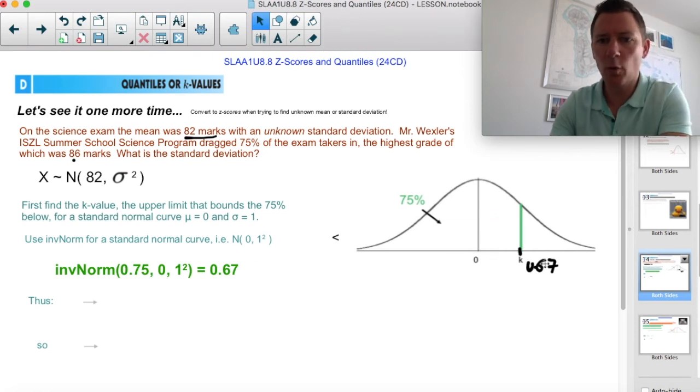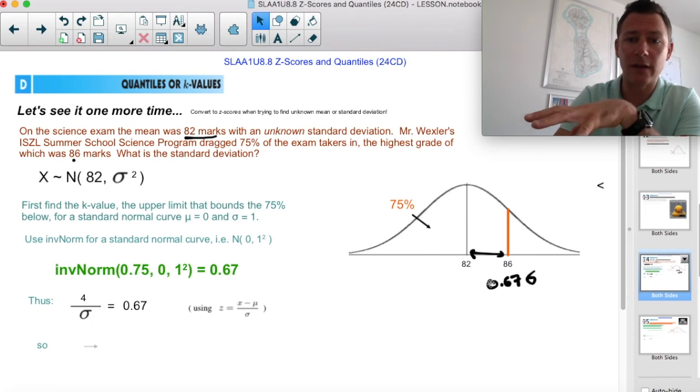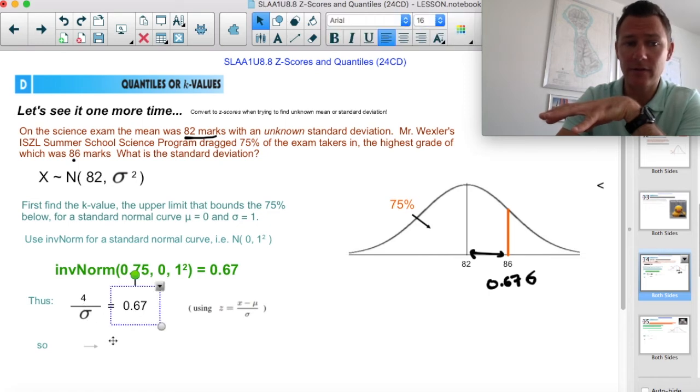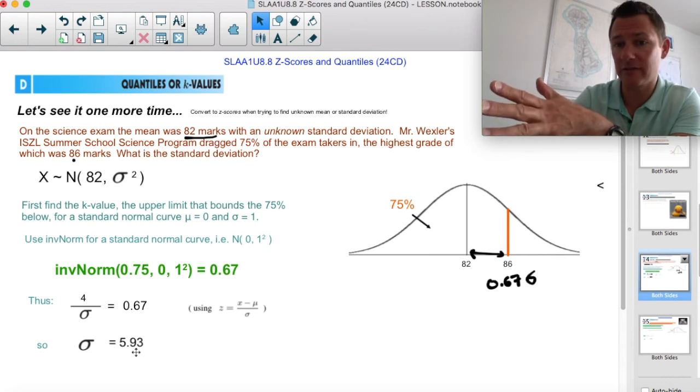So whatever distance this is, 0.67 of a standard deviation. Put that into this and say the distance from here to here is 4, that's x minus mu, divided by the size of the standard deviation is 0.67. And therefore your standard deviation is 5, almost 6.